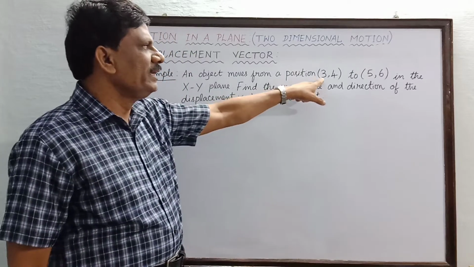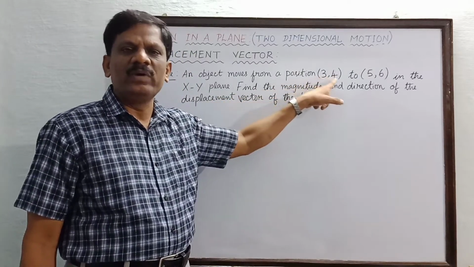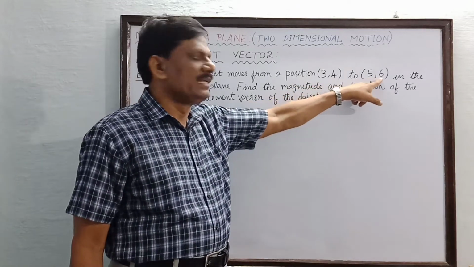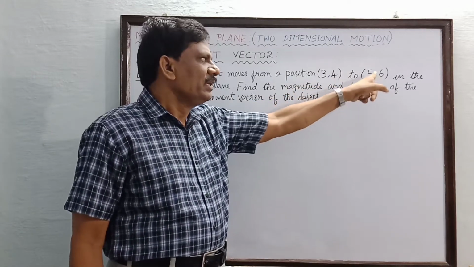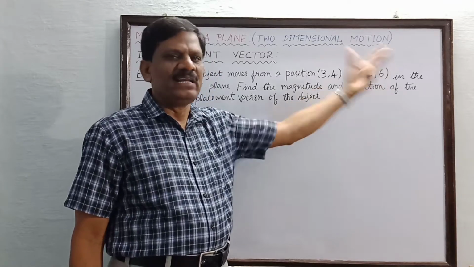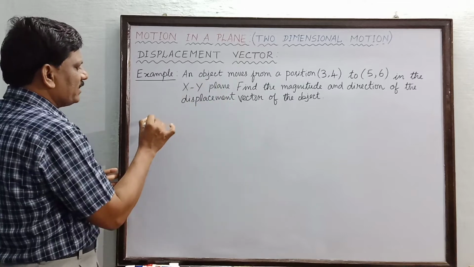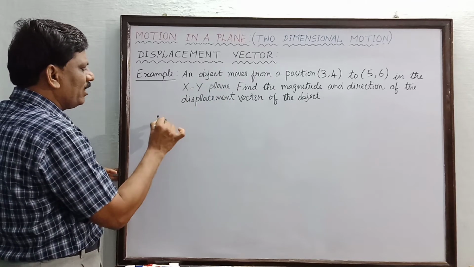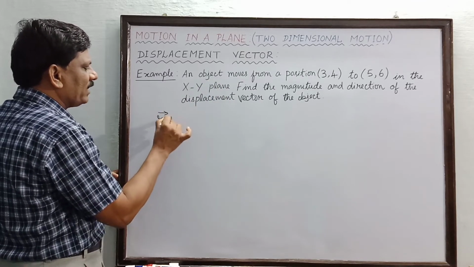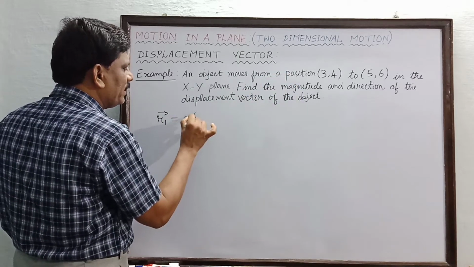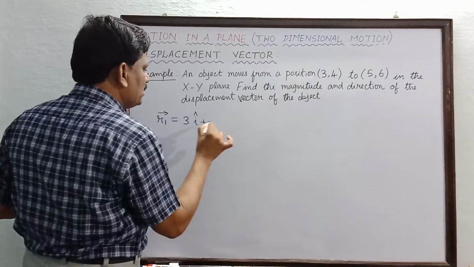Here 3 and 4 are the x and y coordinates of the initial position, and 5, 6 are the x, y coordinates of the final position of the body. The first one is the initial position vector, r1 vector. So r1 vector is equal to 3i cap plus 4j cap.